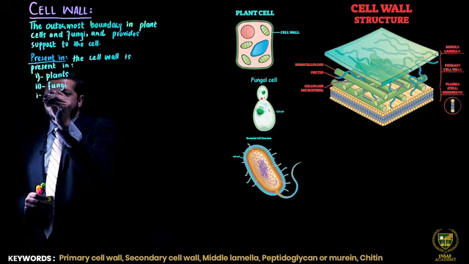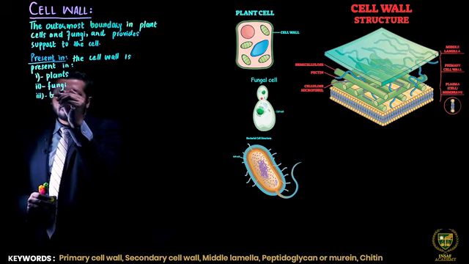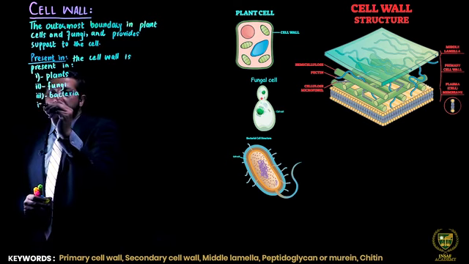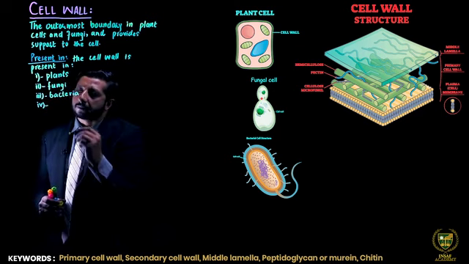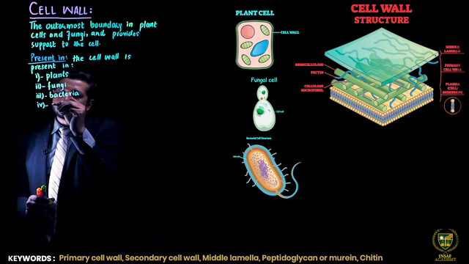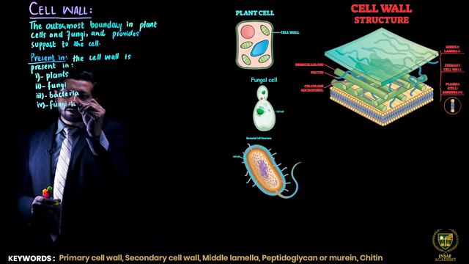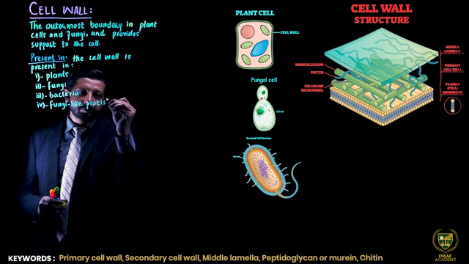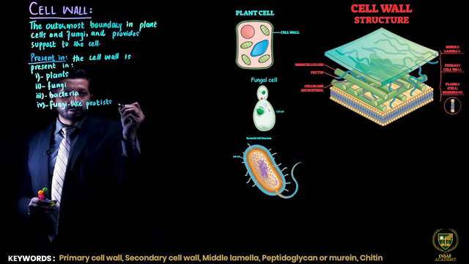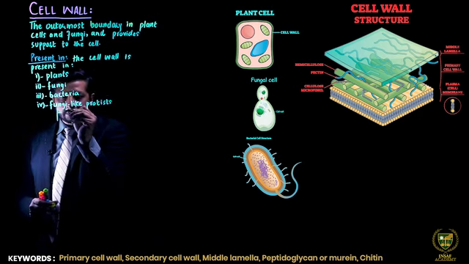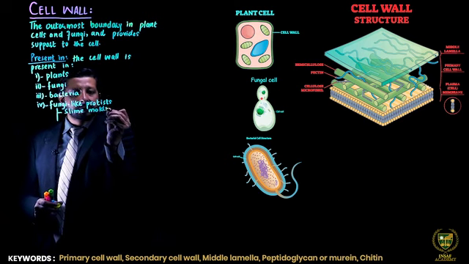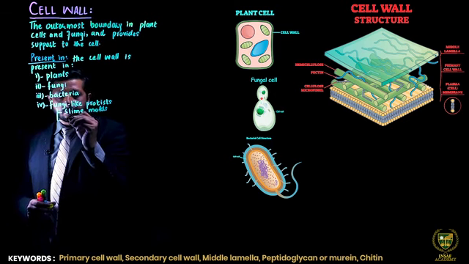Number 3, bacteria. Number 4 are the fungi-like protists. It includes 2 further groups. Number 1, the slime molds. Number 2, the water molds.